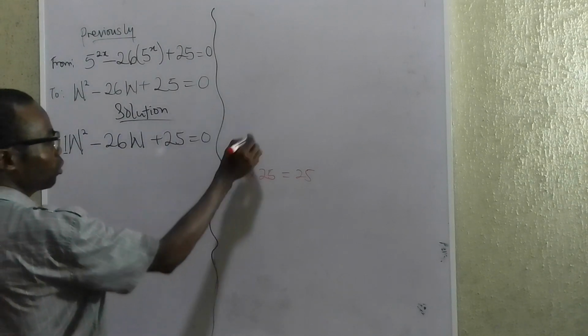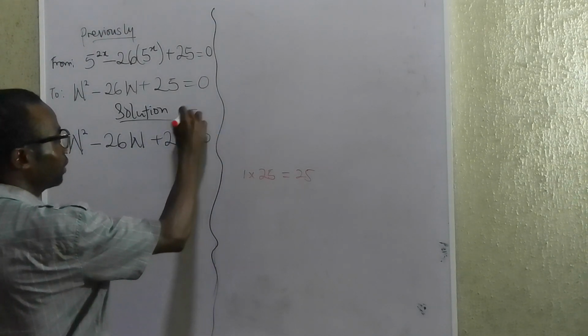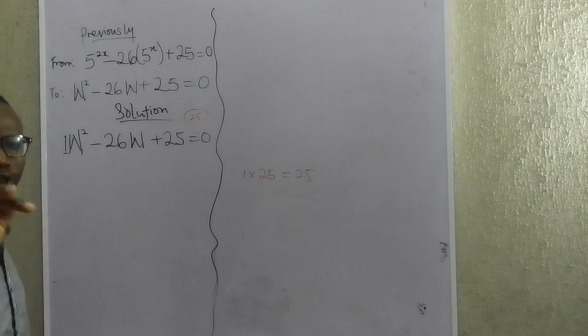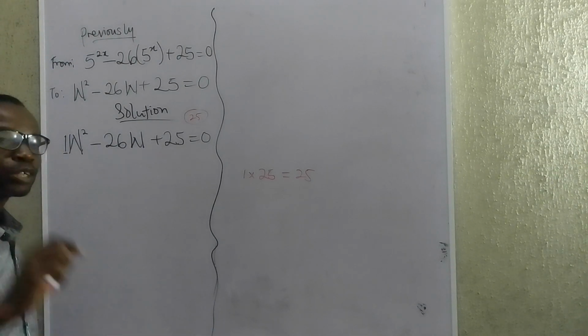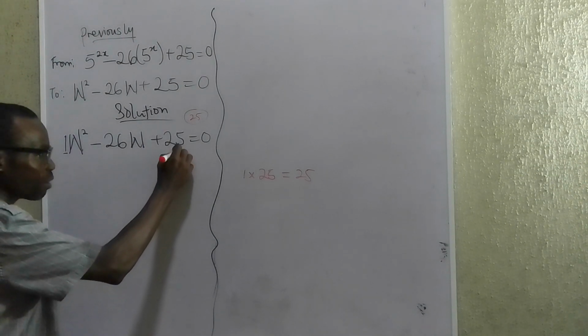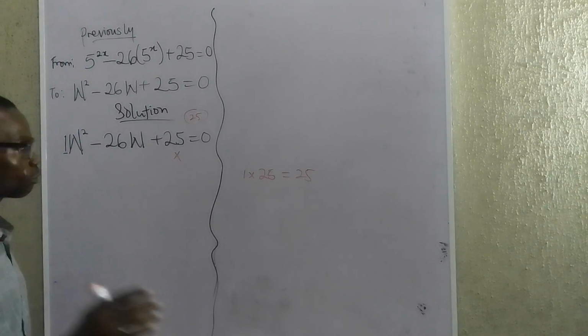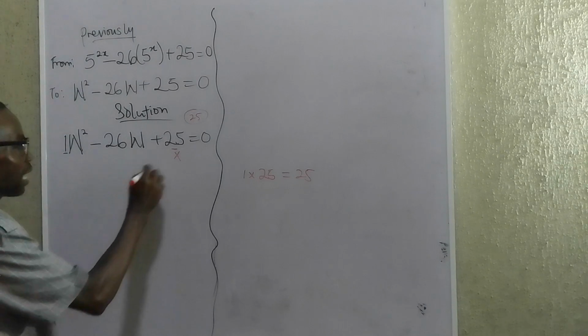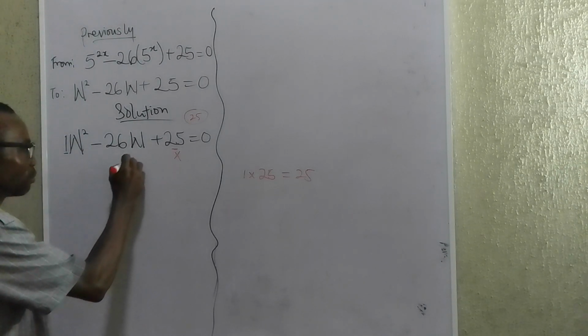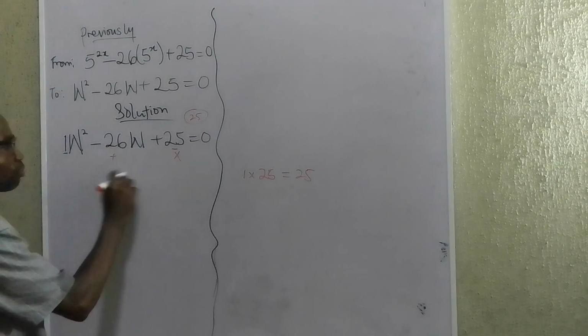Now that we have 25, you'd ask yourself, what 2 numbers would I multiply to give me 25, and by the time I add them, I'll get 26?